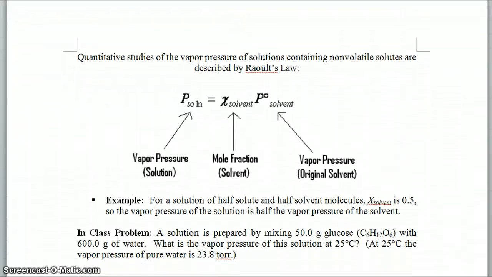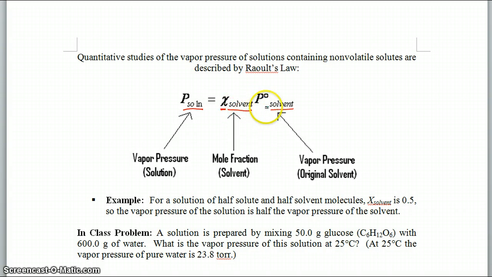Okay, so when we're thinking about how to represent this quantitatively, we use what's called Raoult's law, and you want to make sure that you're keeping track of what is solvent versus what is solution. Okay, so what this law says is that the vapor pressure of your solution is equal to the mole fraction of the solvent. Remember, chi is mole fraction.